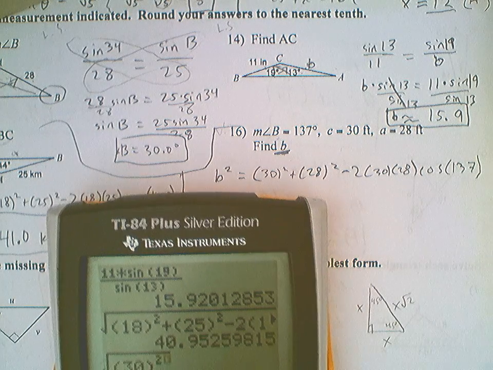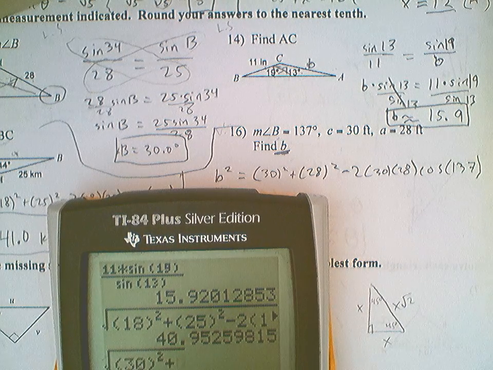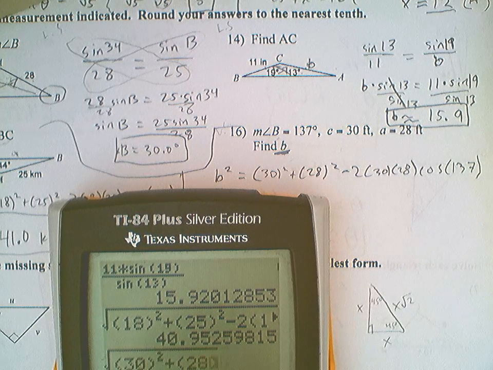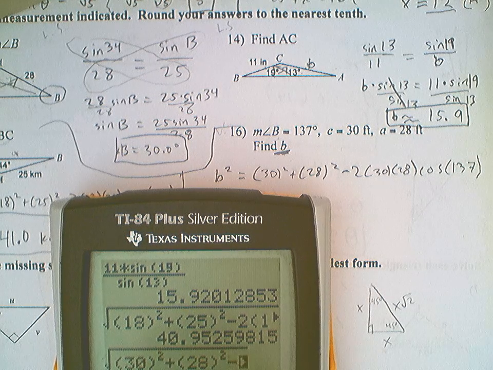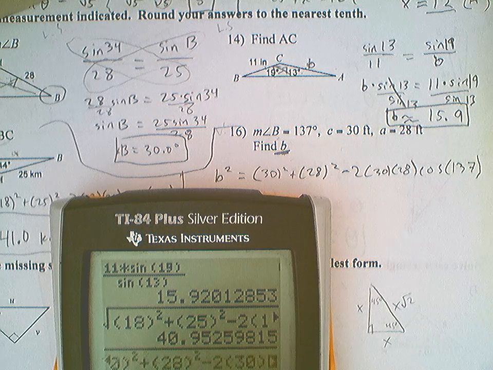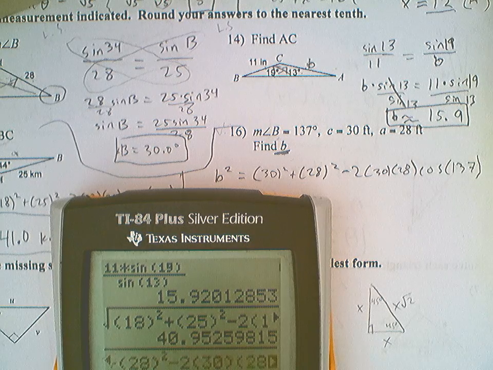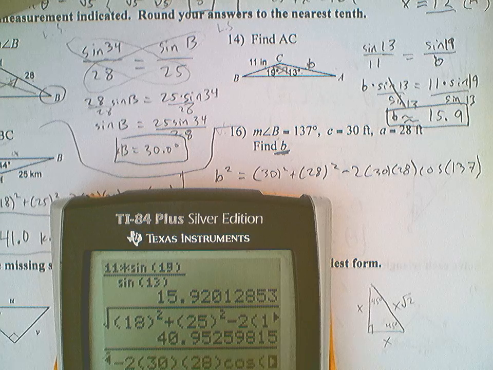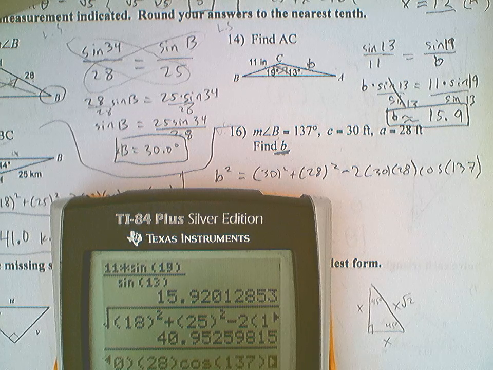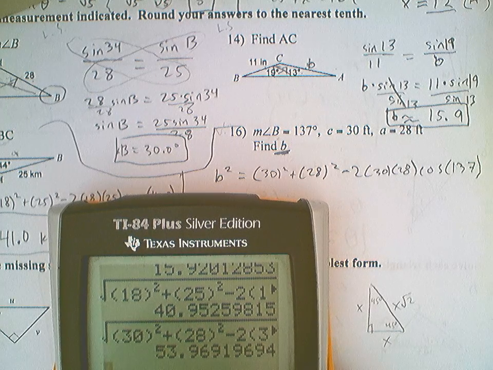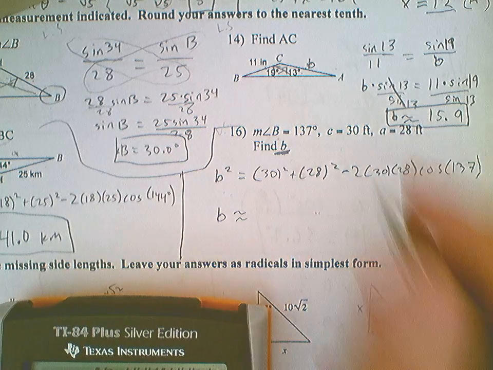Everything on the right hand side of the equal sign, I'm putting inside the square root, since in order to get B by itself, I have to do the opposite of squaring, which is taking the square root. So it looks like B is about 54.